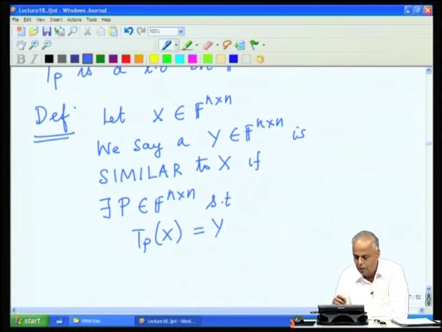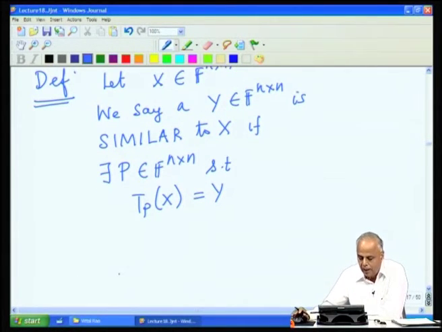In other words, y is a coded version of x in some code P. The code is generated by P because it converts the matrix x to P inverse x P, and therefore, for the coding of the matrix x as TP x, we have used the matrix P. Therefore, we say y is similar to x if y is the coded version of x in some code generated by some P.